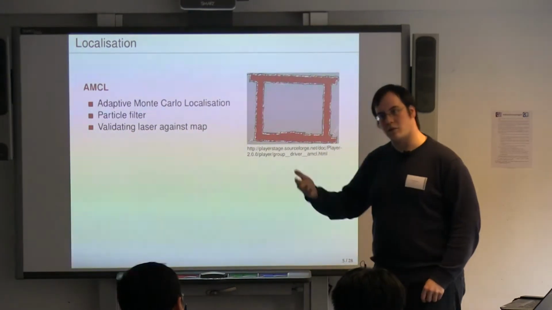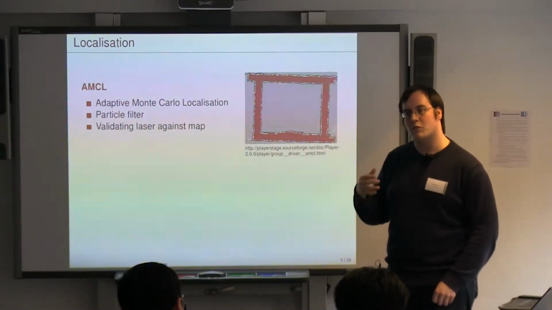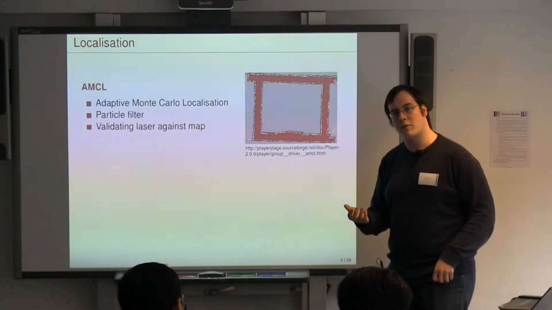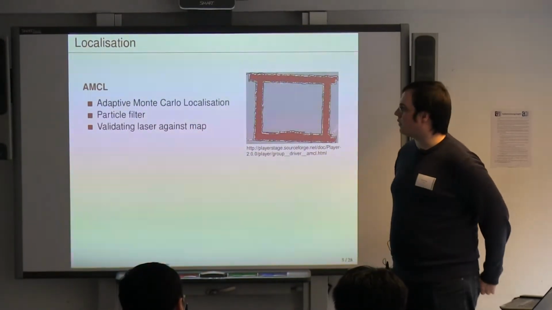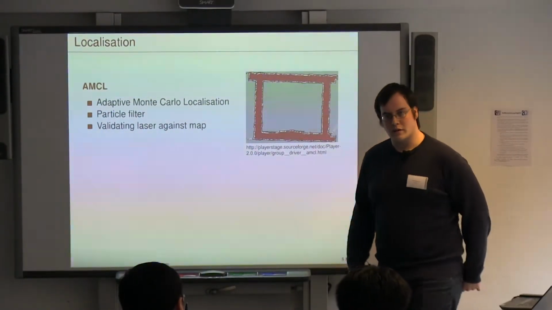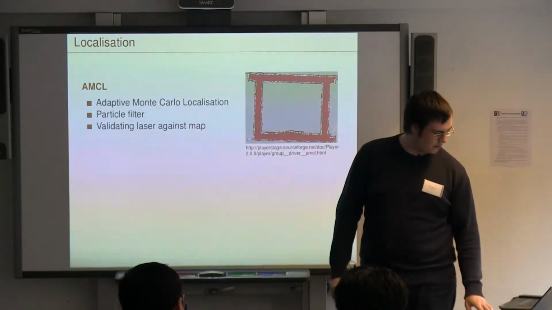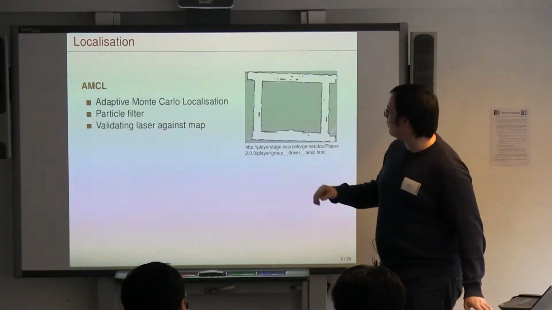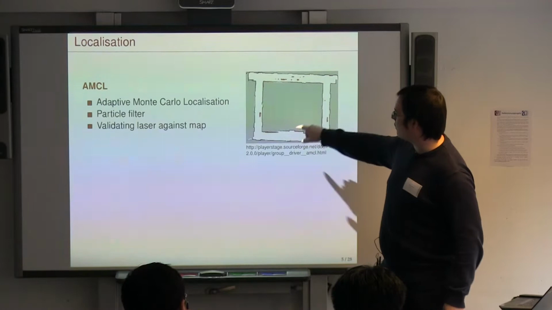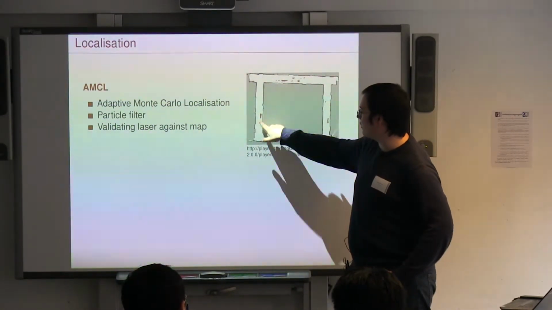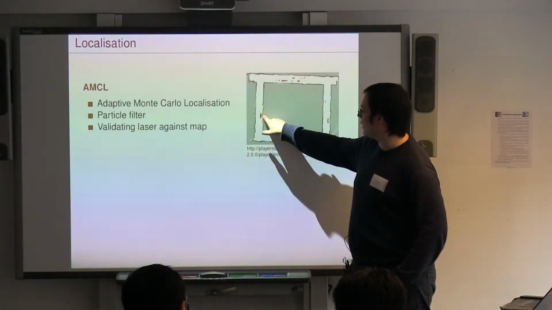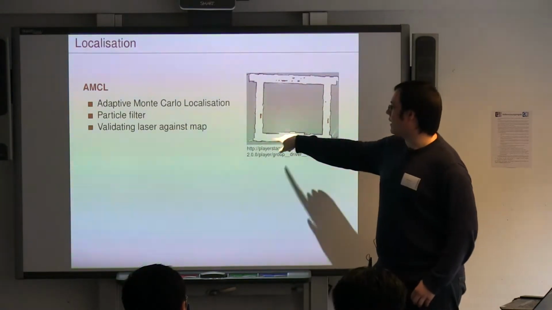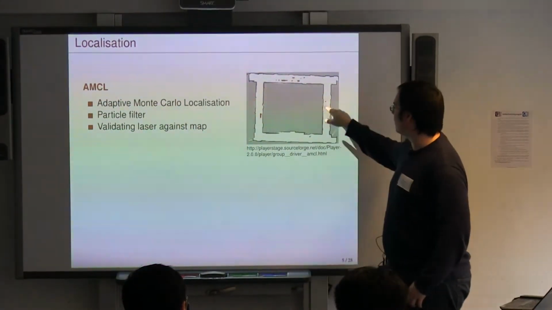The more you drive and the more you validate your lasers, the more sure you become about where your actual localization is. For example, if you drove a little bit and maybe rounded the corner, you can just be somewhere behind the corner, for example at these positions.